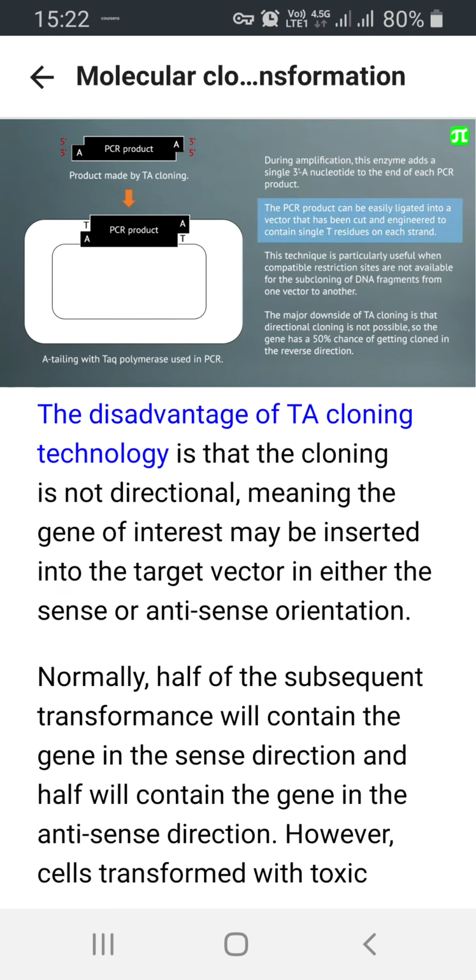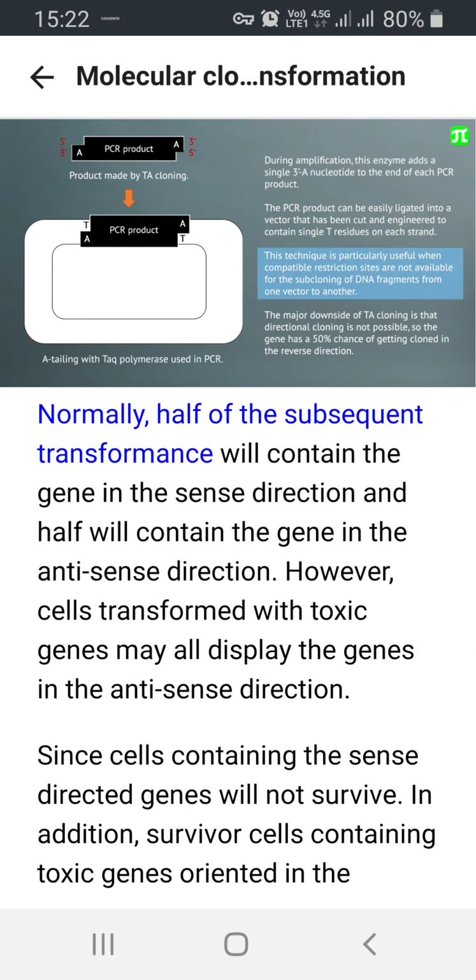The disadvantage of TA cloning technology is that the cloning is not directional, meaning the gene of interest may be inserted into the target vector in either the sense or antisense orientation. Normally, half of the subsequent transformants will contain the gene in the sense direction and half will contain the gene in the antisense direction.